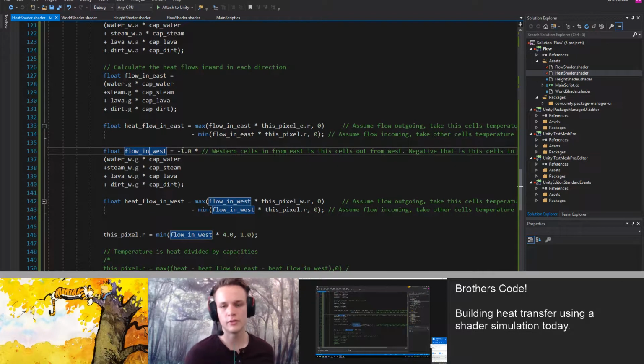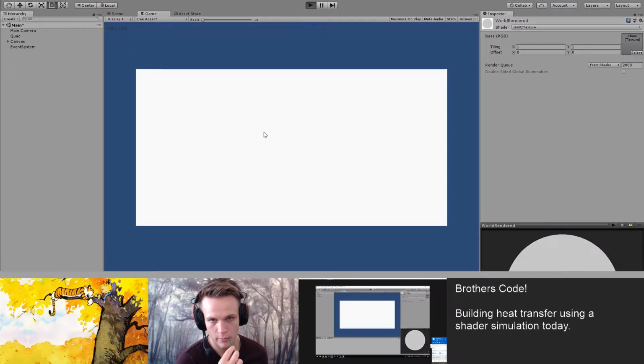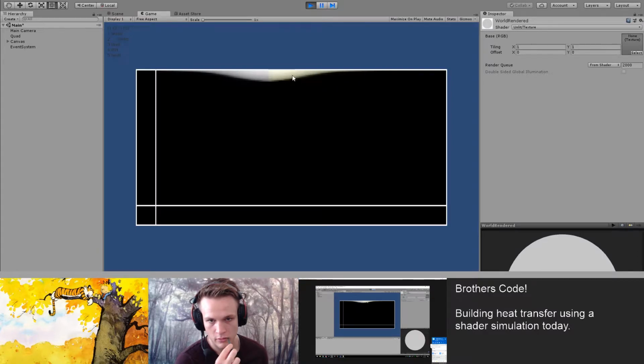Wait, actually, can you clamp that with max 0 as well? Because I'm wondering if we're only getting a color because it's overflowing. There you go. Okay, there it is on the east. So that is correct. It is flowing east.